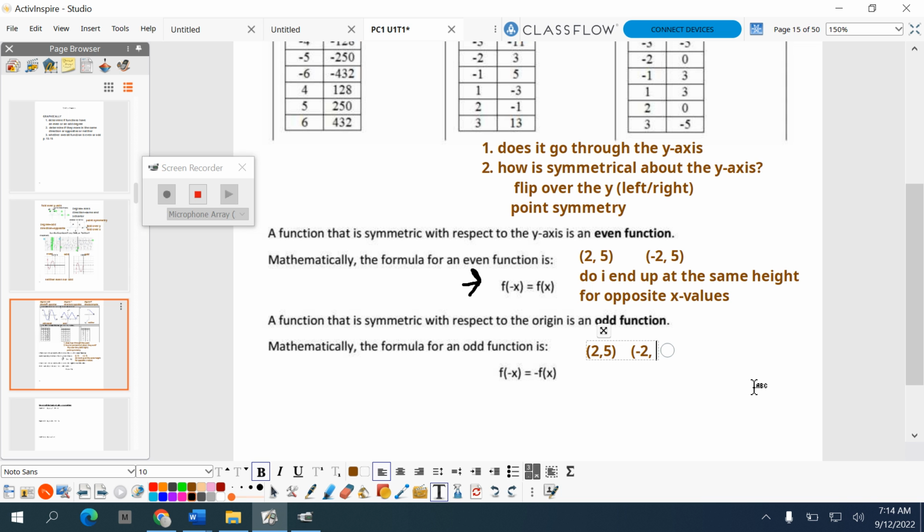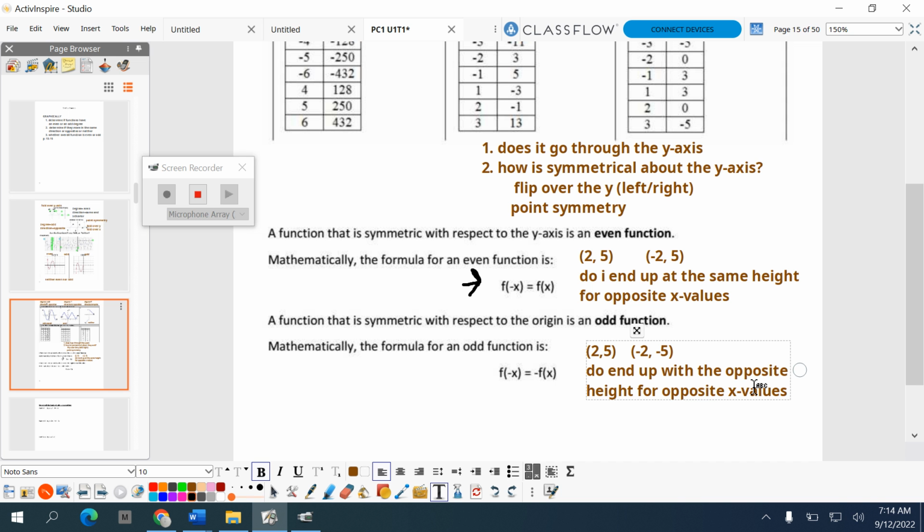It would be the negative of the y value. So do I end up with the negative height? Opposite height for opposite x values. That's my question.